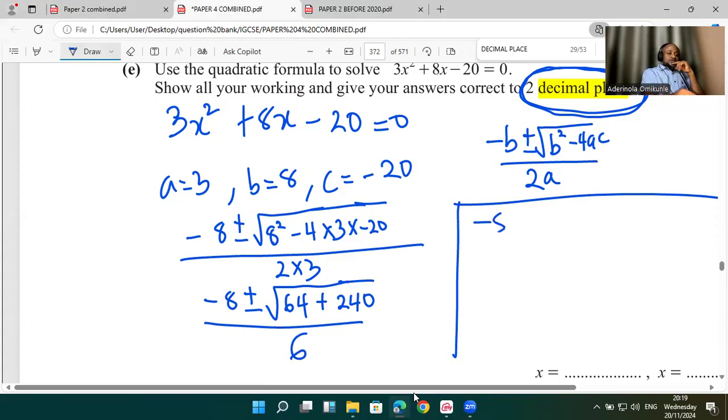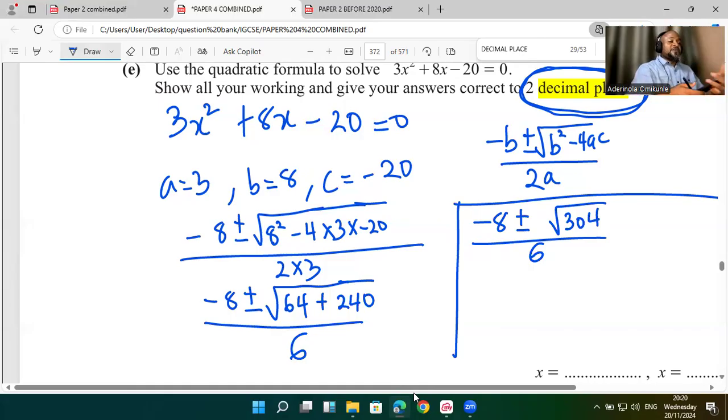So that is minus 8 plus or minus the square root of 240 plus 64, which is going to give me 304, all over 6. At this point, what we'll be doing with our calculators is getting the square root of 304.